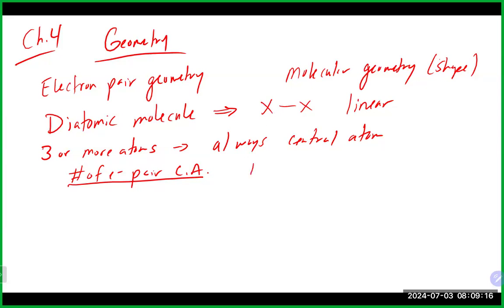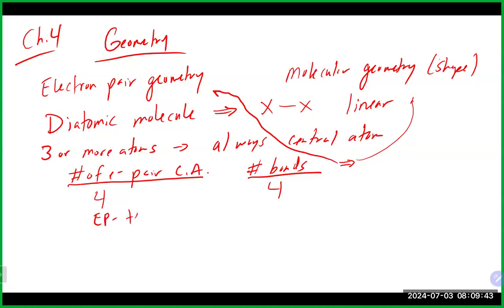The other thing that you really want to look at is the number of bonds. And that combination, number of electron pairs and number of bonds, will correspond to these geometries that we have here. Like if we had 4 electron pairs and 4 bonds, the name of our electron pair geometry would be tetrahedral, and our molecular geometry would also be tetrahedral.